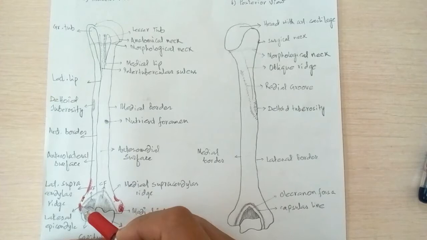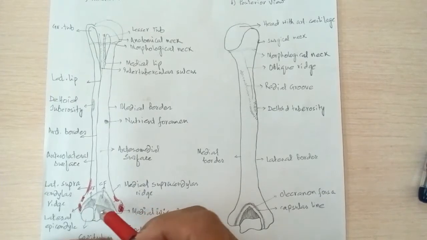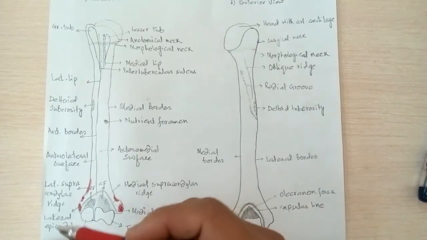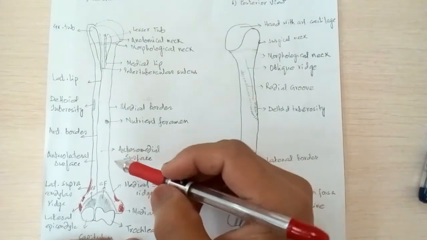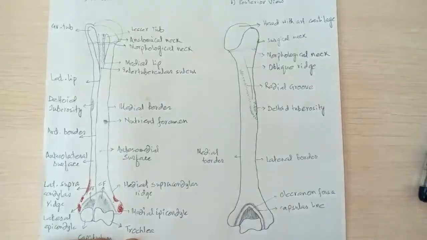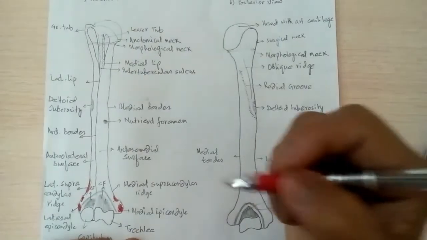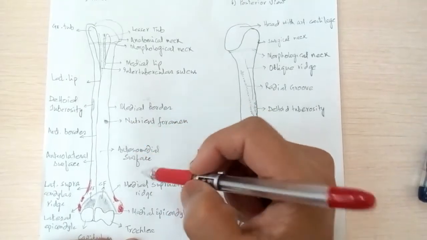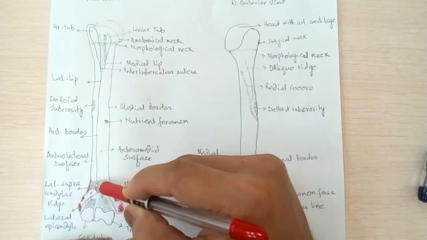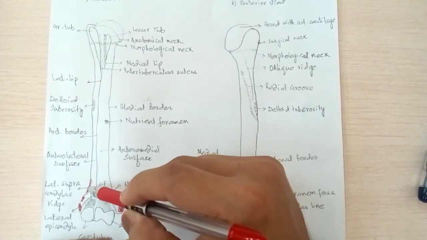It is very easy to remember the origin of the flexor and extensor muscles. We will discuss it in the upcoming lesson on the forearm.